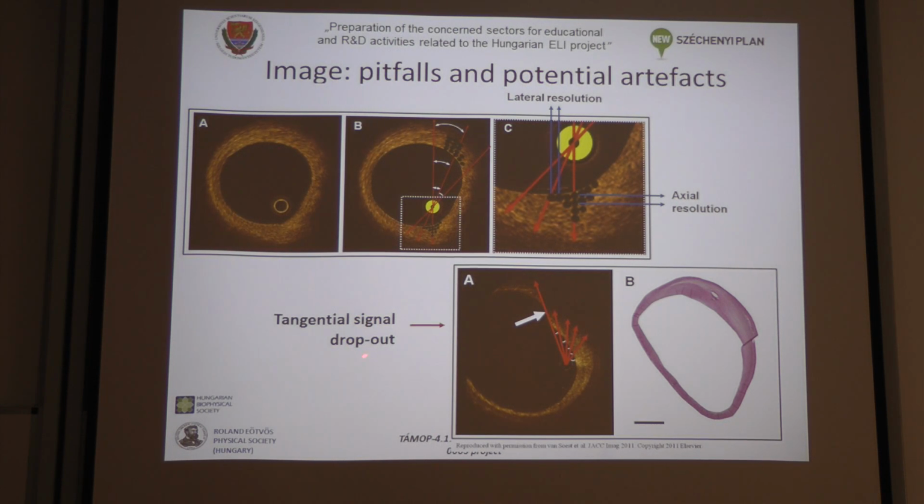For example, this particular tangential signal dropout is really very important, because a so-called very dangerous thin cap fibroatheroma can mimic the presence of this atherosclerotic region, and in reality it is not there. It is only the appearance because of this tangential signal dropout.